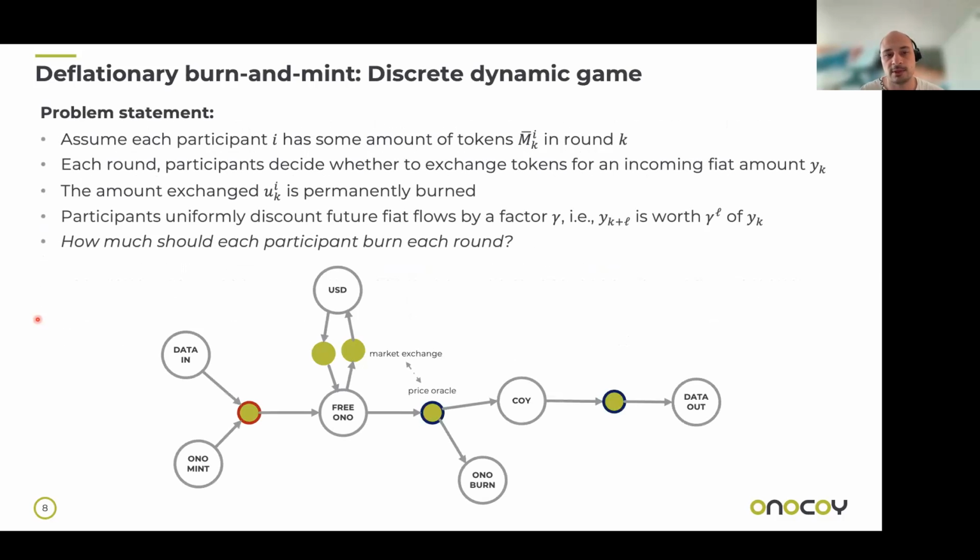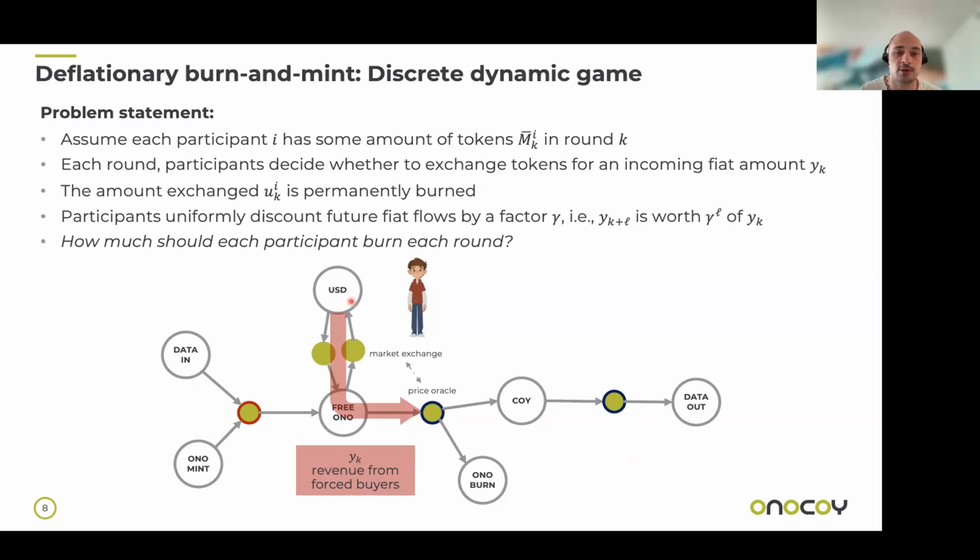So let's see. Again, all this is repeated here, and I could talk over this diagram. So basically, like I said, there's revenue from forced buyers coming in, and these are people who actually need the data, and they're exchanging, and they don't care about the price.